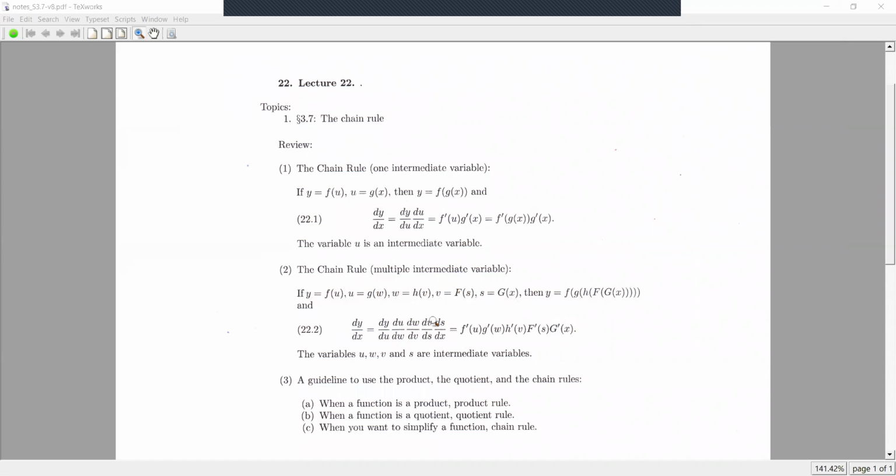This formula says that the derivative of this function is equal to the product of the derivatives of all these functions. This formula is easy to remember. If we cancel du, cancel dw, cancel dv, and cancel ds, then this product is reduced to only dy over dx.